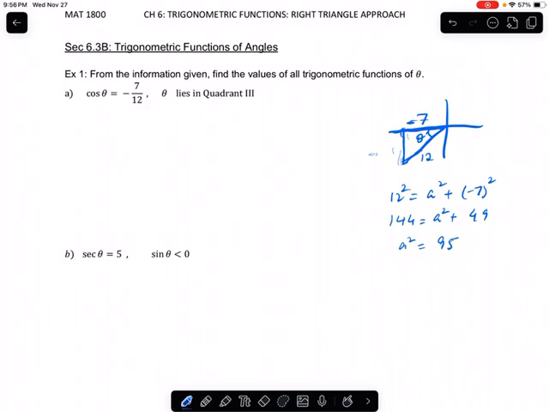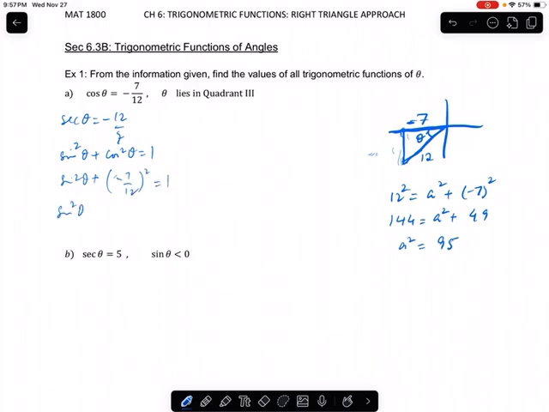For example, we know cosine theta, so immediately we know secant theta, which will be negative 12/7, which is not a big deal. But in order to find sine theta, you can use sine square theta plus cosine square theta equal to 1, which means sine square theta plus negative 7/12 whole square equals 1.